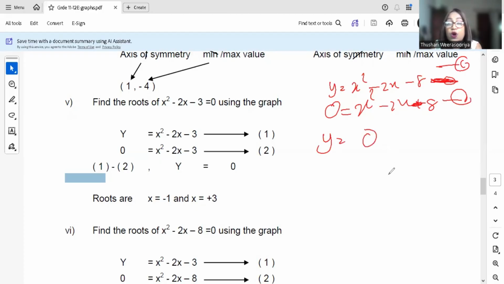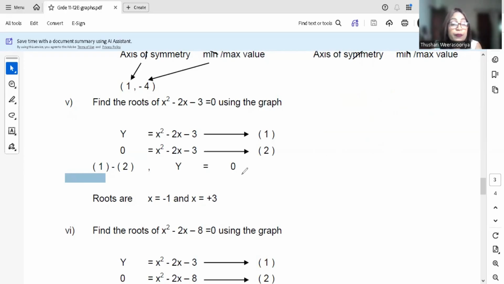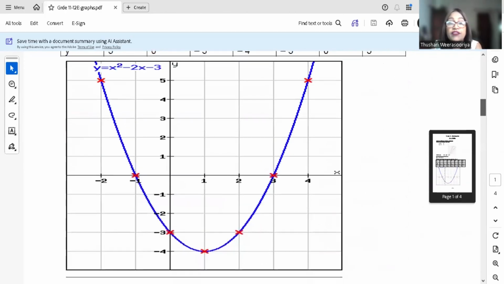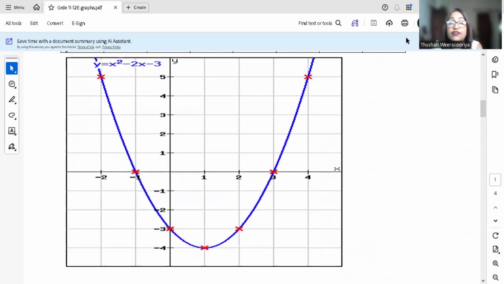Then here you get y equals 0. On the graph, draw y equals 0. Now y equals 0, you have to draw on the graph. This is the graph. Draw y equals 0 on it. This is y equals 0. This is the cutting point of coordinates. That is -1 and +3. That's how you solve quadratic equations using the graph.